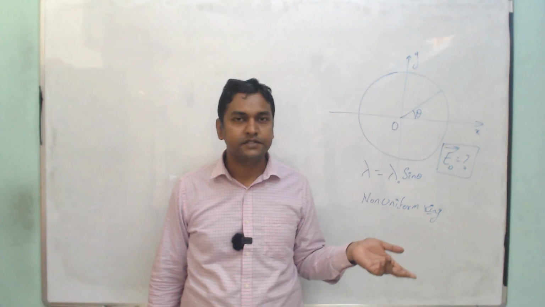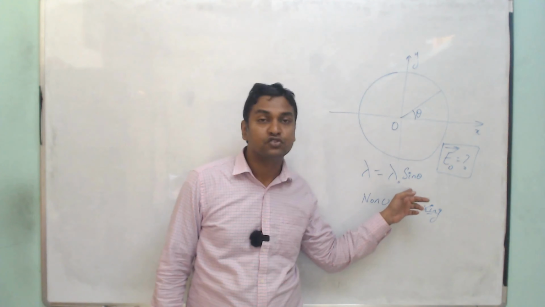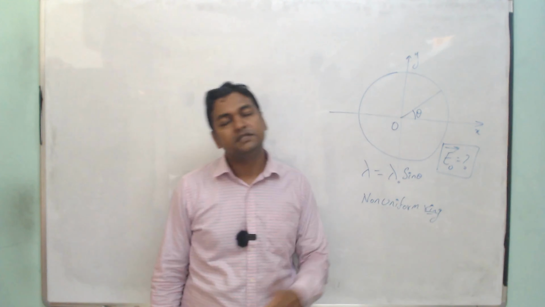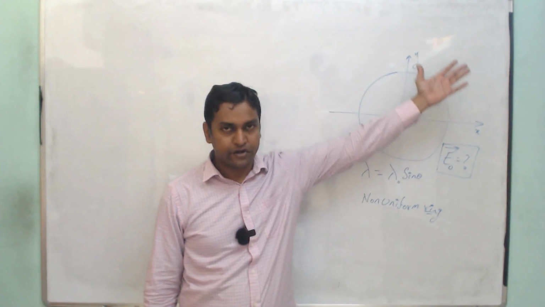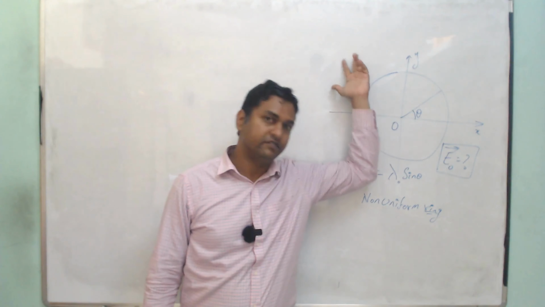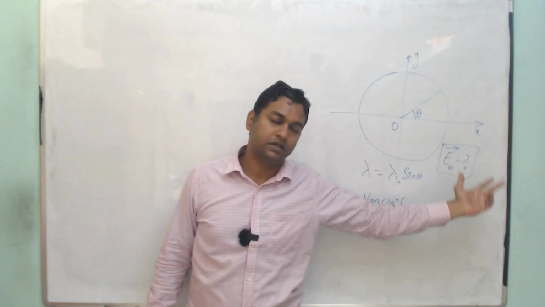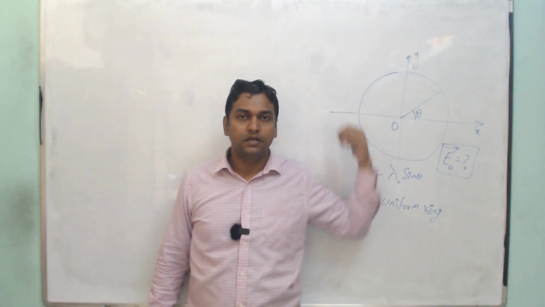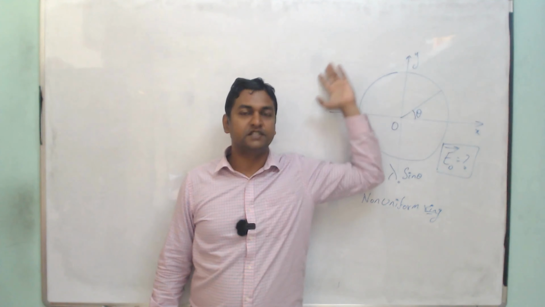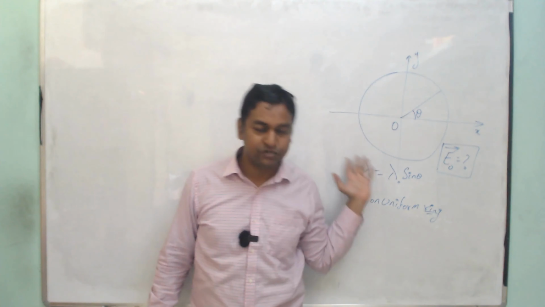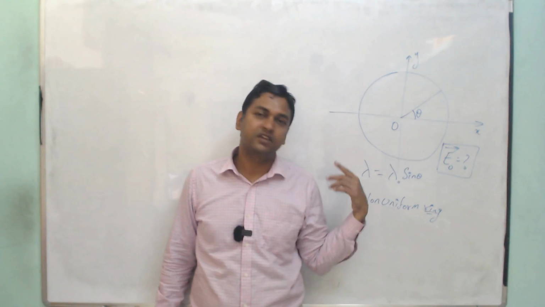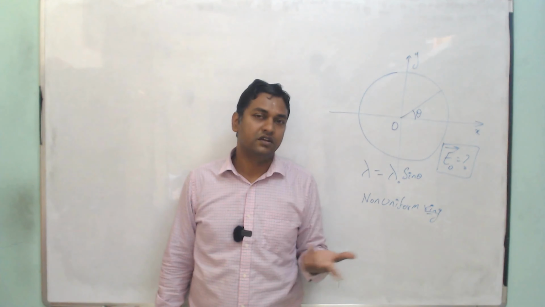It is given as a function of sine theta. Sine: first quadrant all, second quadrant silver, third quadrant tea. First and second are positive charge distribution. Third and fourth are negative charge distribution.